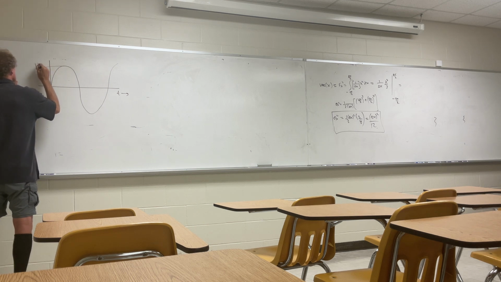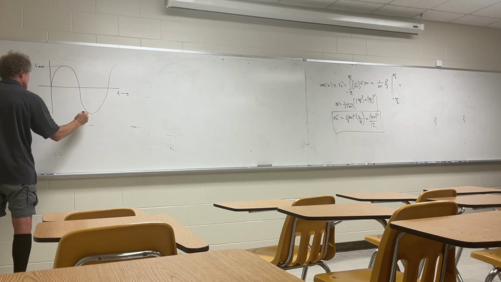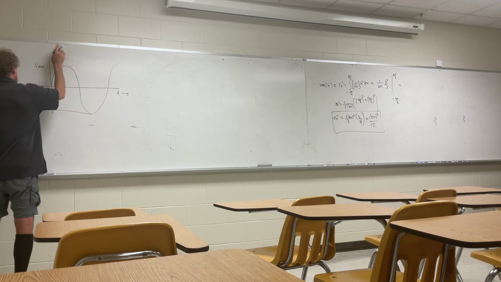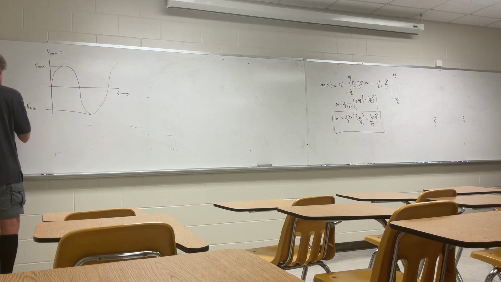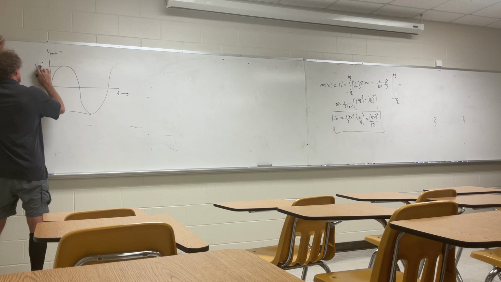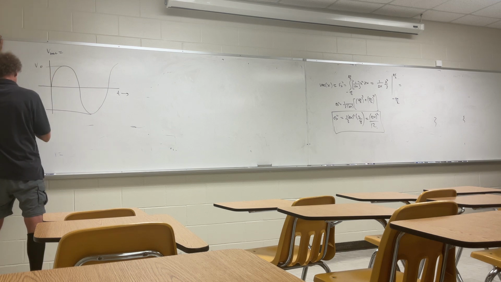I can say this is V max and this is V min. That means the total spread here, or V magnitude, I'll call it V mag. The total change is going to be, if V min is equal to minus V max, maybe I'll just use V0 to make it easy.